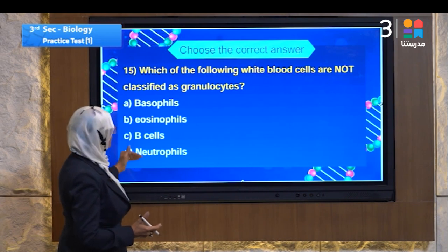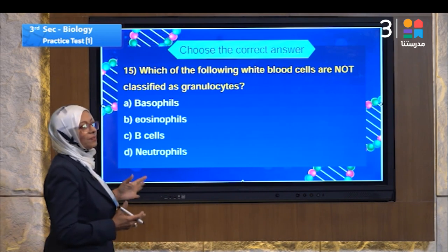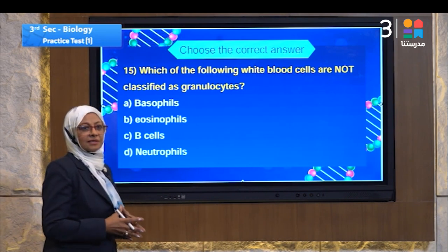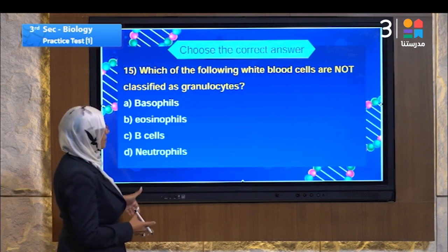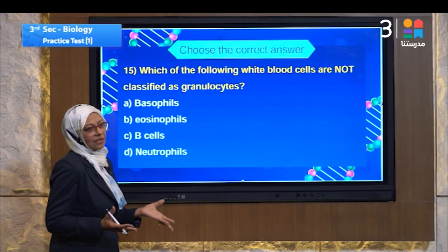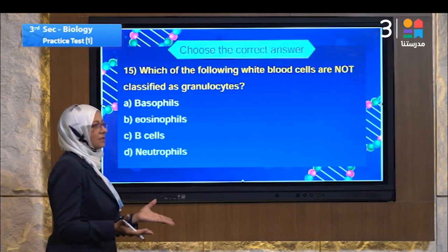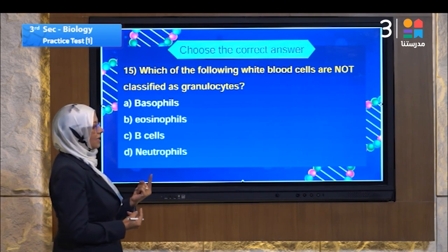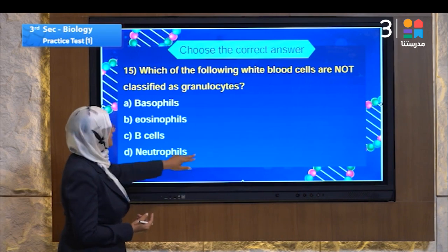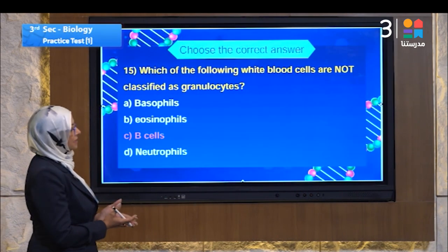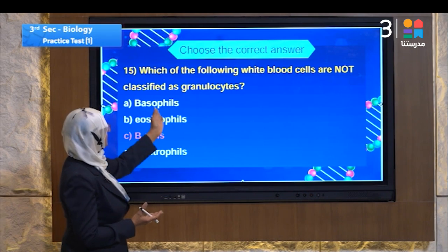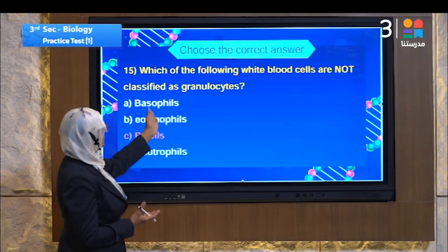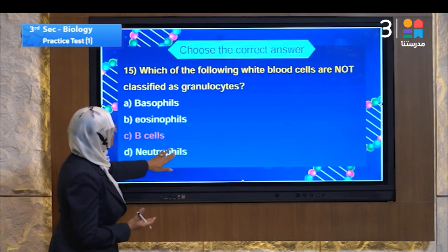They are many cells which make the immunity inside the blood. Which of them are granulated? All of them are granulated, which means they have granules. Only one of them has no granules. It's the B cell. Yes, the answer will be B cells. It is not granulated, but the others are granulated.